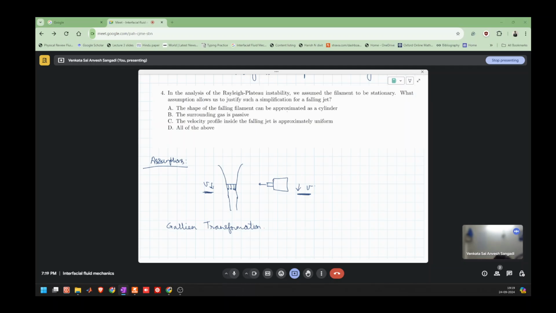Therefore, option C and option A are correct. In this analysis, we also assume the surrounding gas to be passive. So the answer to this is D.